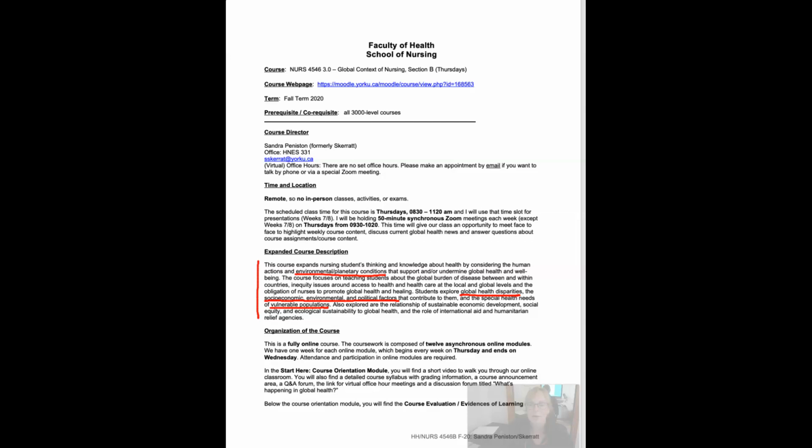We'll talk a lot about this local-global context, that think global, act local. We'll touch on the ecological sustainability which is required for global health. And at some point during the course, we'll talk a little bit about international aid and humanitarian relief agencies.